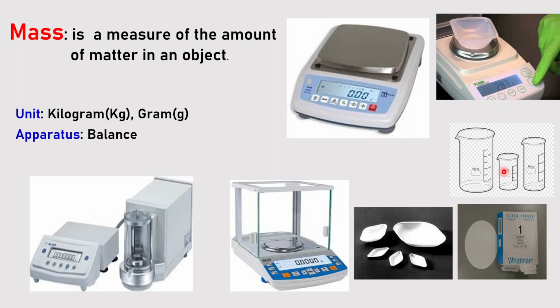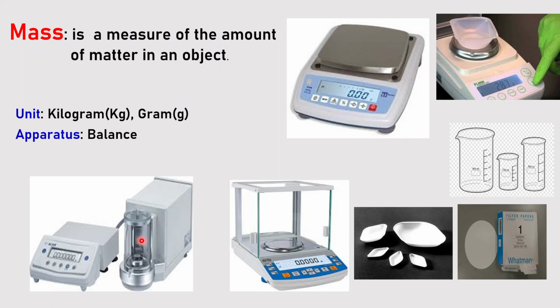Besides the top balance, other types of digital display balances commonly used in most laboratories are the analytical balance and the microbalances. An analytical balance has a range of 0.1 milligram to 220 gram mostly. Microbalances provide the accuracy for weighing a very small amount of sample.